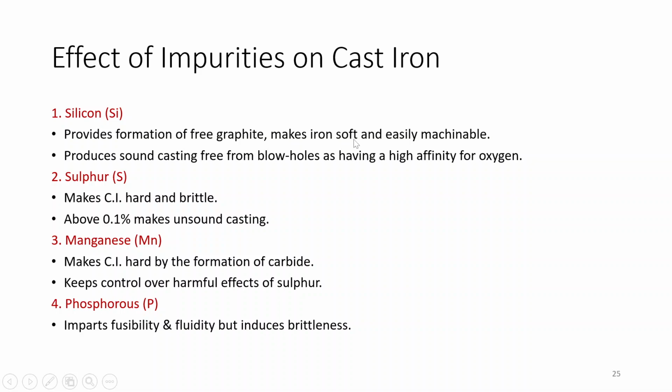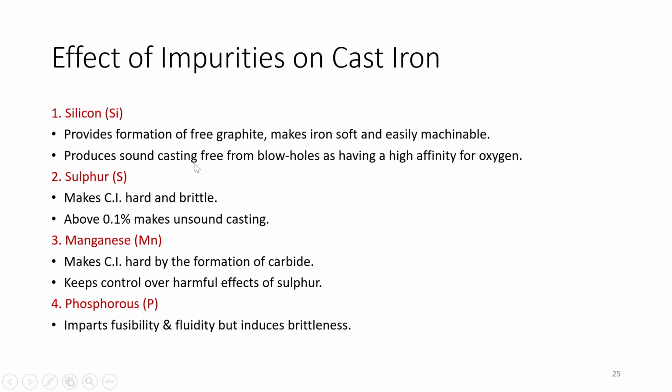It makes iron soft and easily machinable. If your carbon is coming out as graphite, then the remaining material is more likely to be ferrite. So that's why this material will be highly soft and easily machinable, because if it's in the form of cementite, then it will be almost non-machinable.